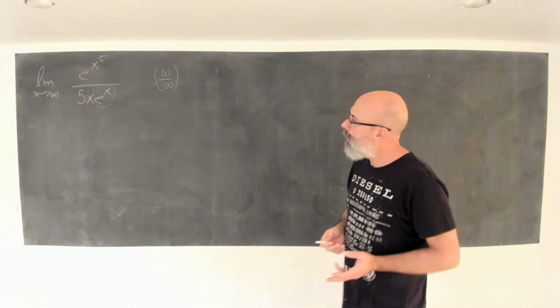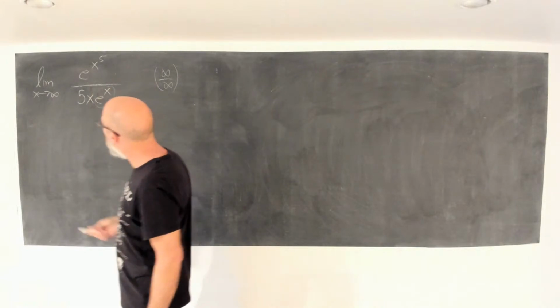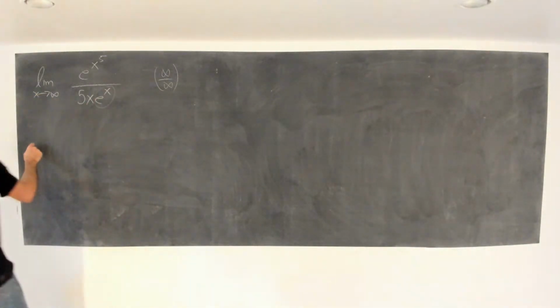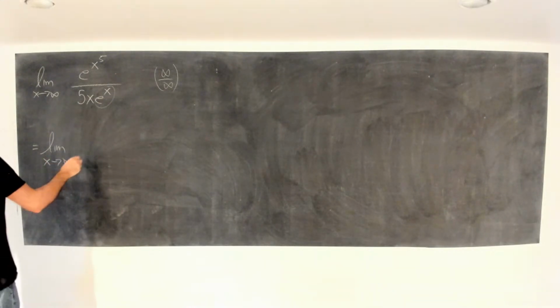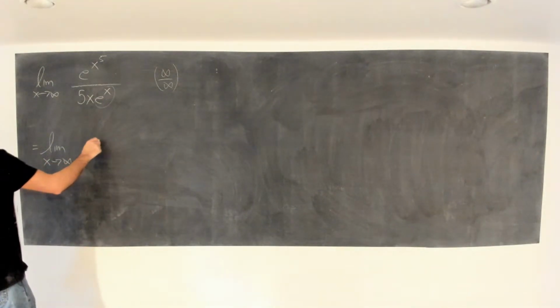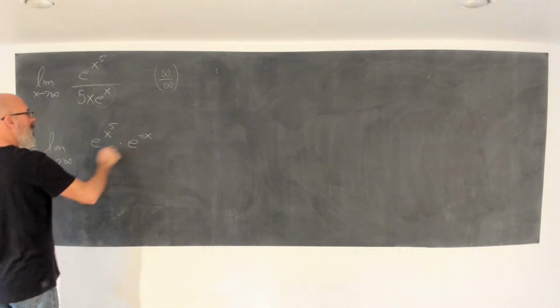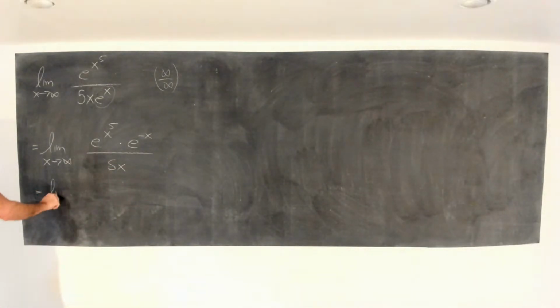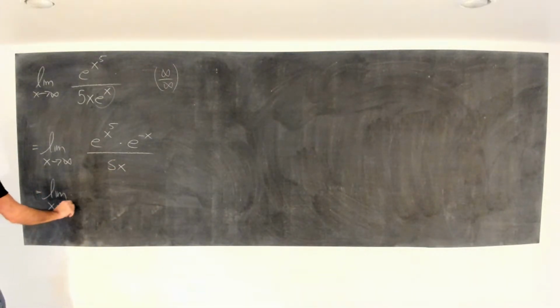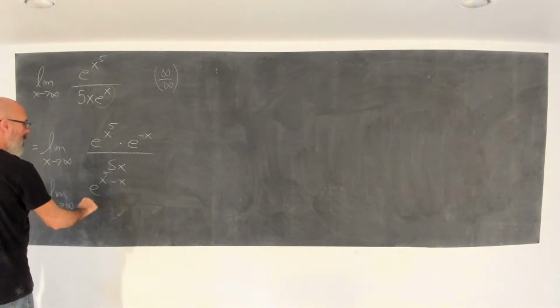No, not applying ln. I would just bring this back up and rewrite it as e to the x to the 5 times e to the minus x over 5x, which is really e to the x to the 5 minus x.